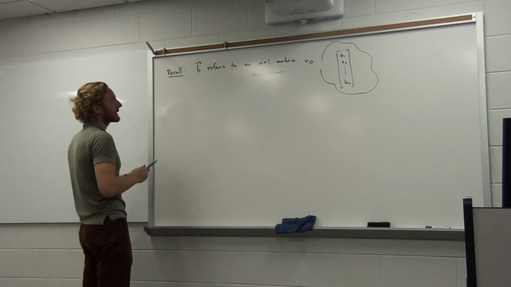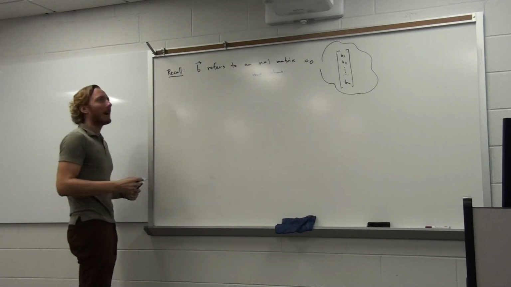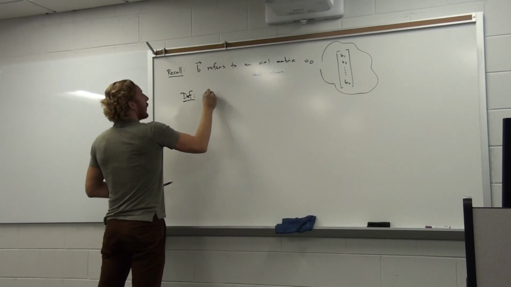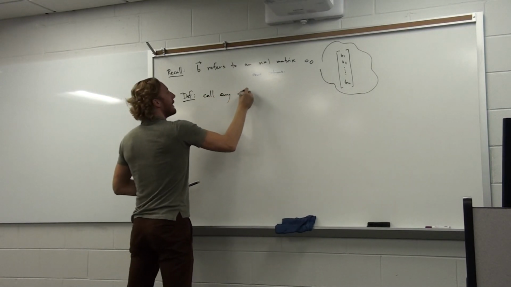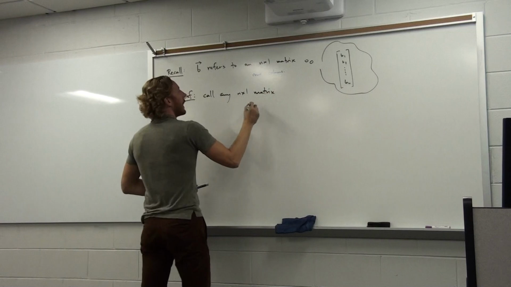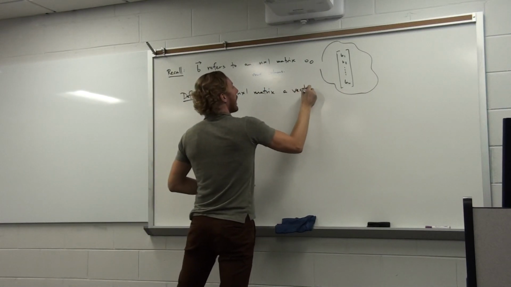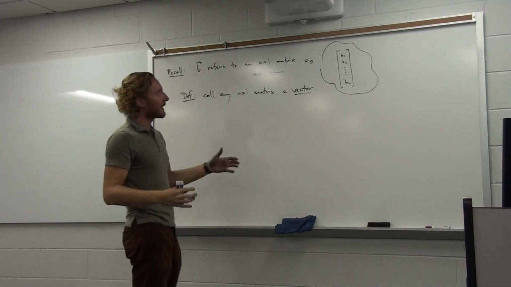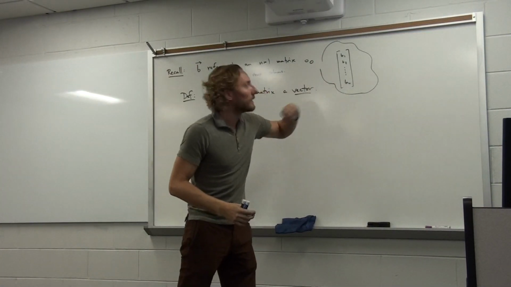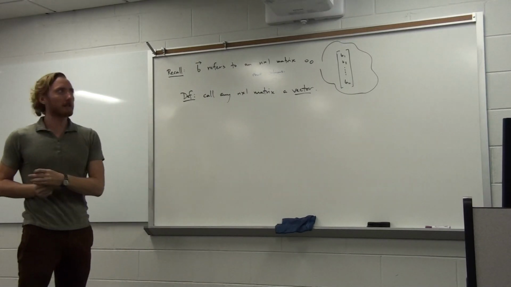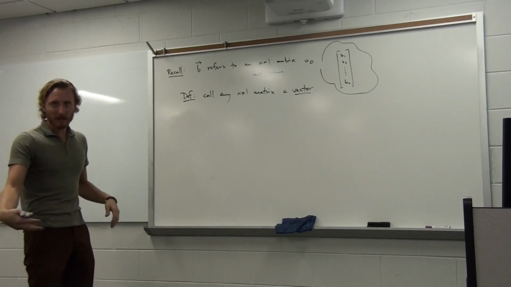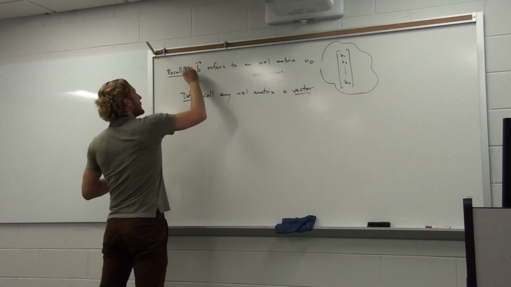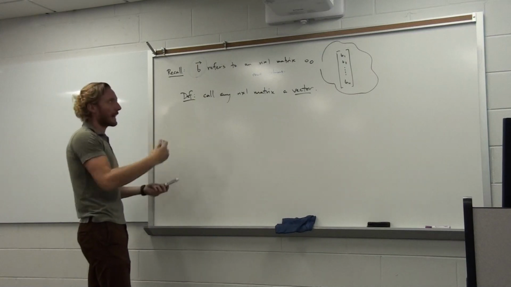So what we're going to do today is give this object a slightly different name. We're going to define any n by 1 matrix to be a vector. So the word vector is just going to describe a single column matrix. One way to denote vectors is a lowercase letter with an arrow over it.